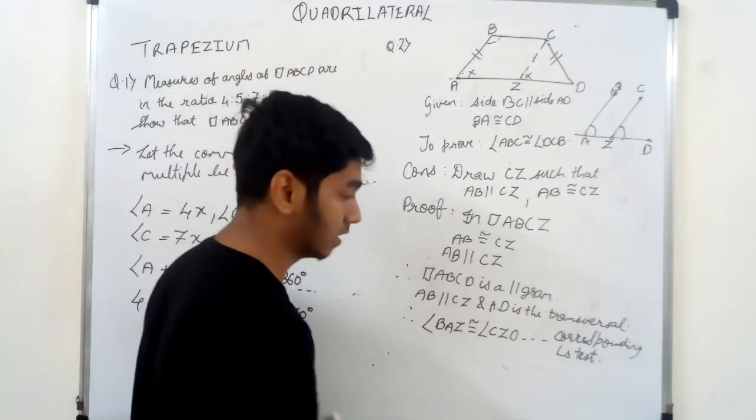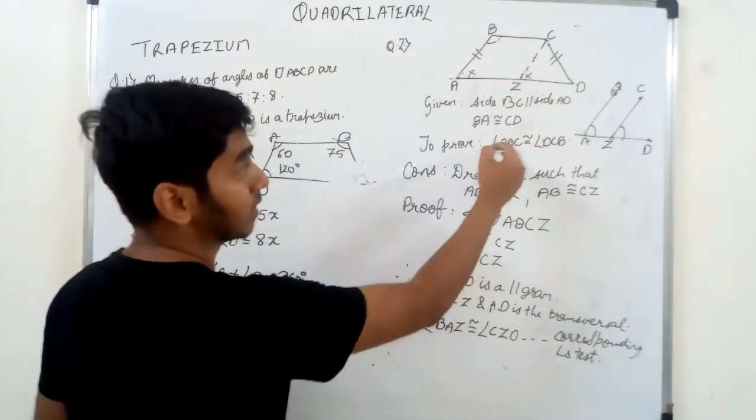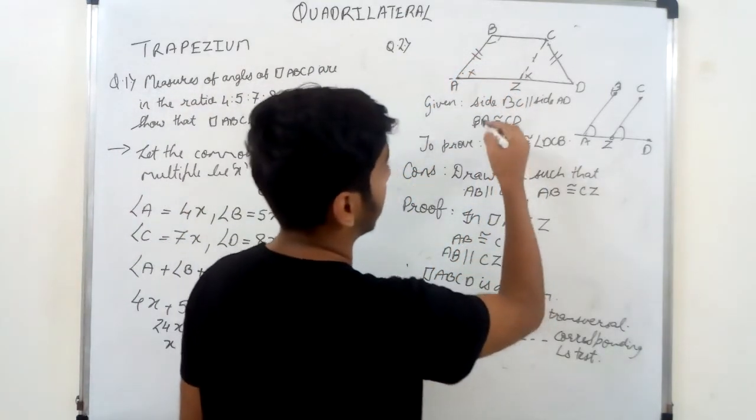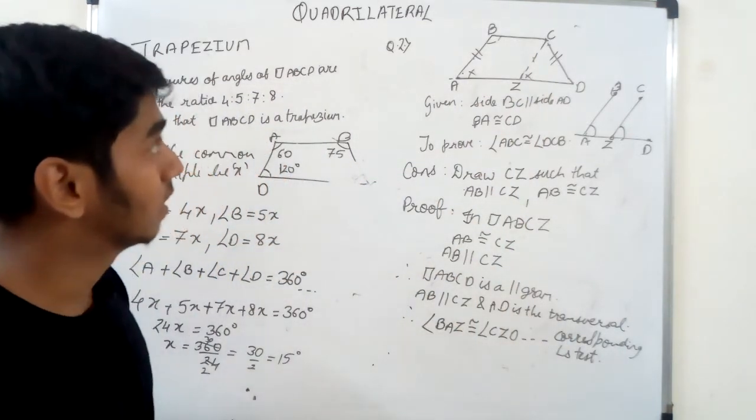Now if you see, here BAZ, okay, this angle. BA is congruent to CD.